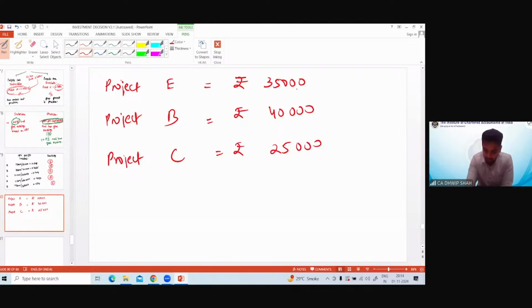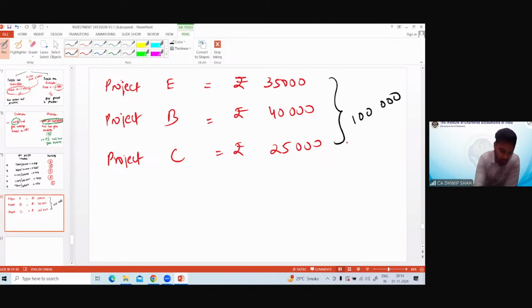Yes, still I have sufficient funds. See, 35,000 for E, 40 for B, so 75 is utilized. C, another 25, so 1 lakh is utilized. So these 3 projects I can take entirely, needing 1 lakh. Still I have 20,000.